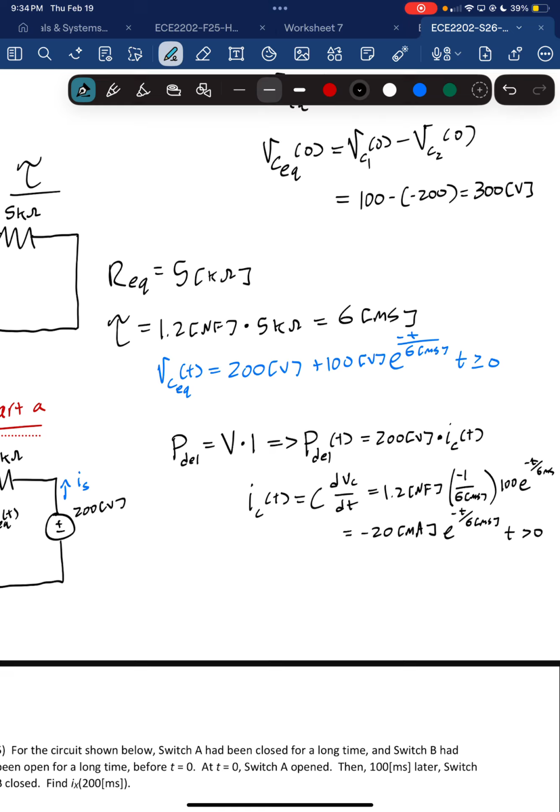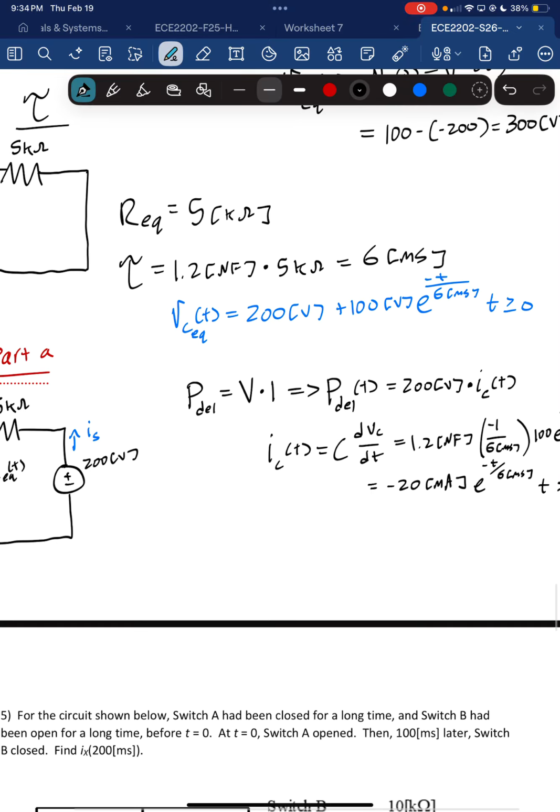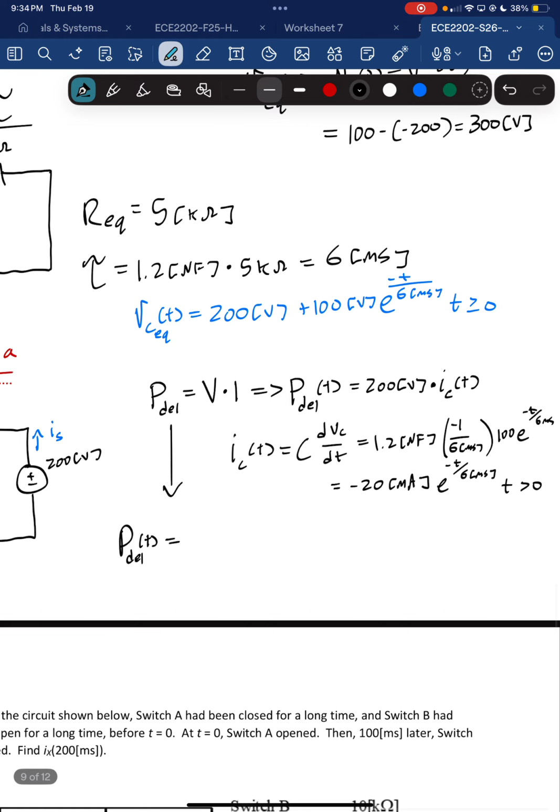Let me just double check my units there. Times negative 1 times 10 to the negative 6 over 6 times 10 to the negative 3. Yes, okay. So now we can solve for the power delivered as a function of time to be 200 volts times what we just found, negative 20 milliamps e to the negative t over 6.